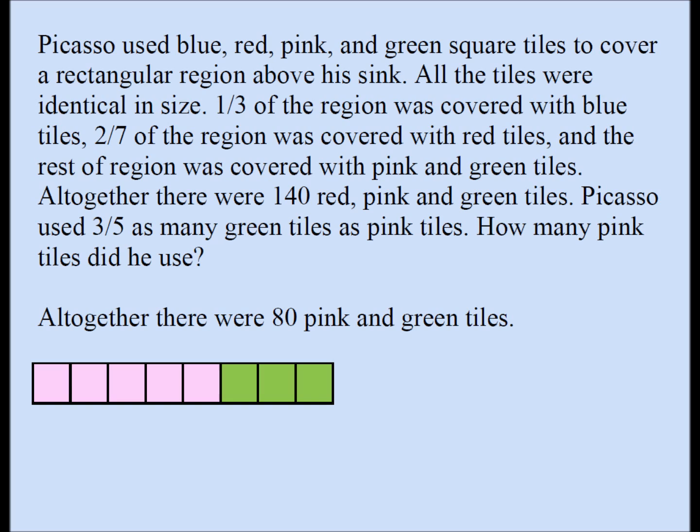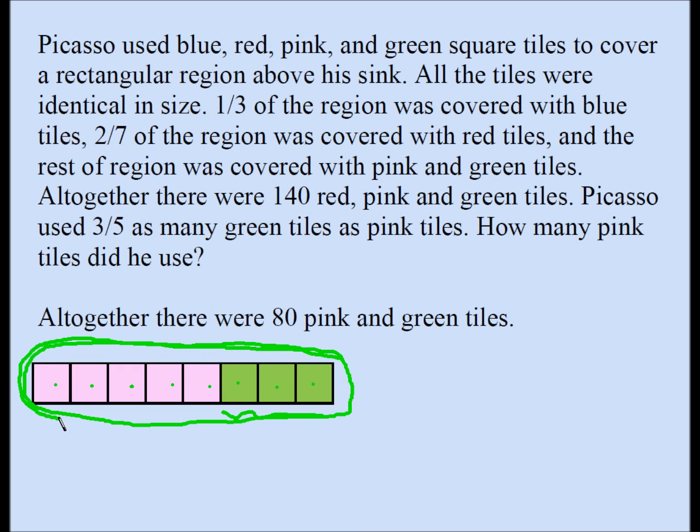So what I have here is pink, 5 parts, and green, 3 parts, because green is 3/5 as many as pink. Now, if this whole thing is 80, each square should be 10.